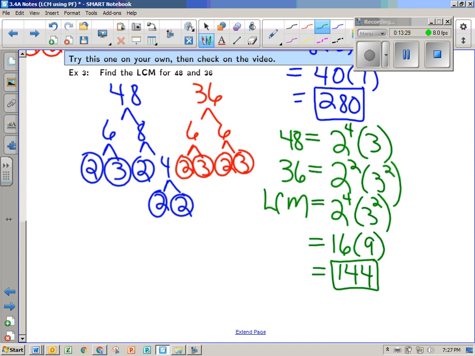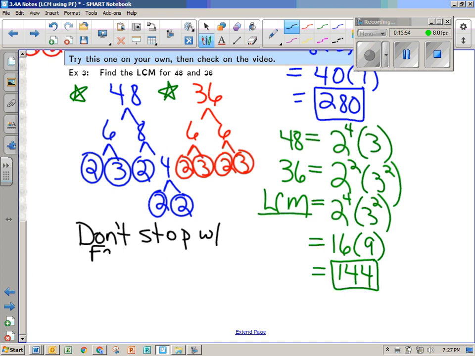If you don't know that that's 144, of course you would just do a little scratch work out to the side. This is really the expectation, the prime factorization for each number. Write it out. Show what you're multiplying to produce the LCM. You would not just stop. Let's make a note here. Don't stop with the factor trees.